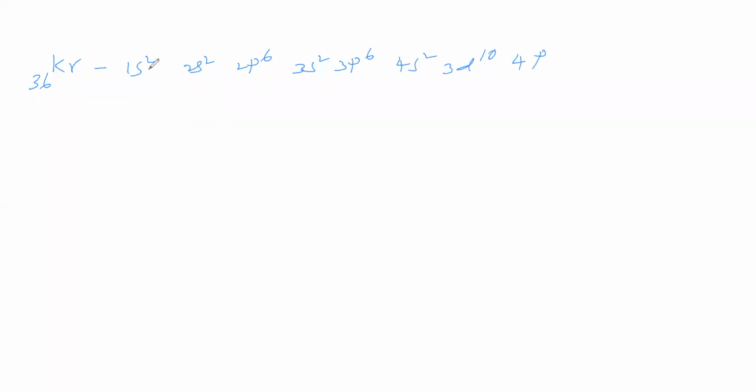Now we count the electrons: up to 10, 20, 30. 30 is over, so the remaining 6 go to 4p. Now we will write shell wise. The first shell contains 1s2, the second shell contains 2s2, 2p6, the third shell contains 3s2, 3p6, 3d10, and the fourth shell contains 4s2, 4p6. This is the electronic configuration of krypton.